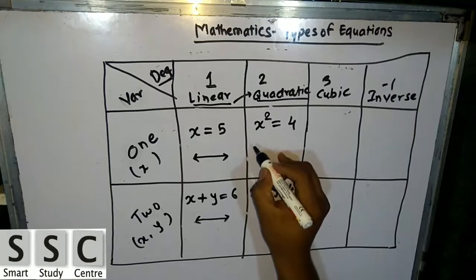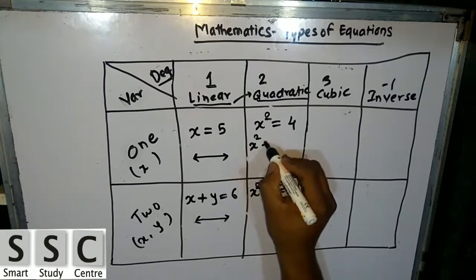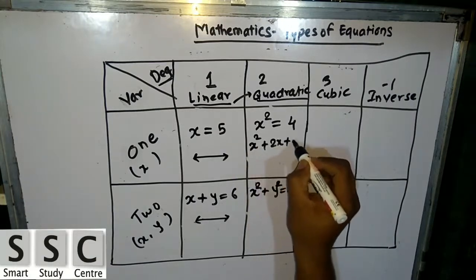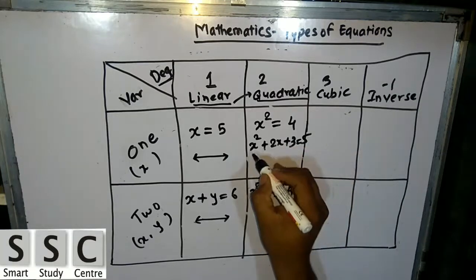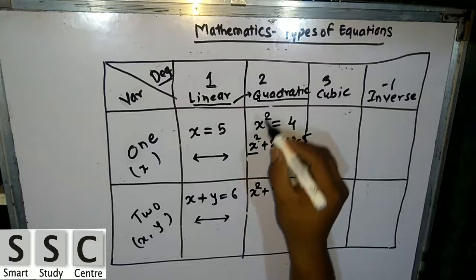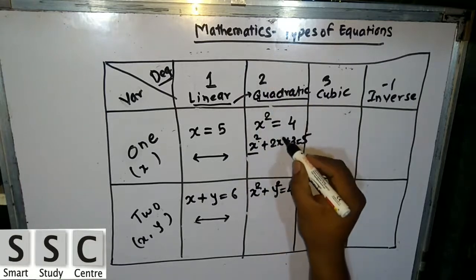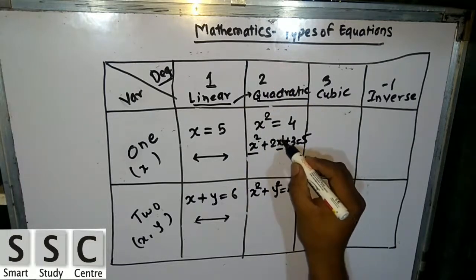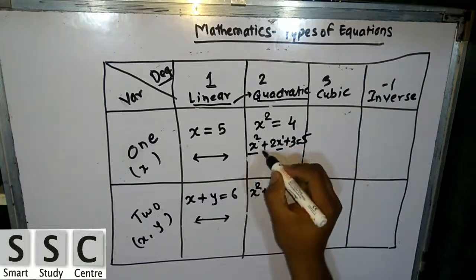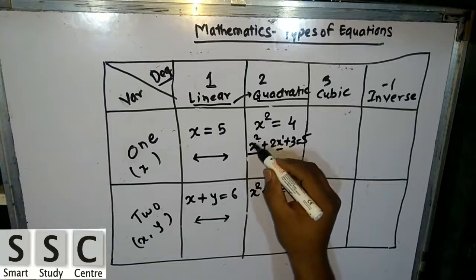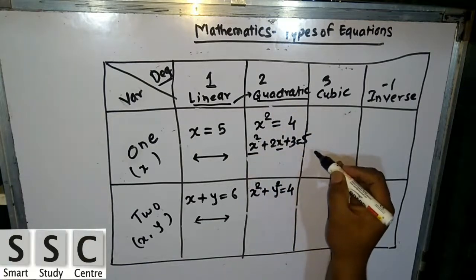We can have even x square plus 2x plus 3 is equal to 5. So your highest power is 2, therefore it is called a quadratic equation, though it has a variable with power equal to 1, because the highest power is 2, we call it a quadratic equation.